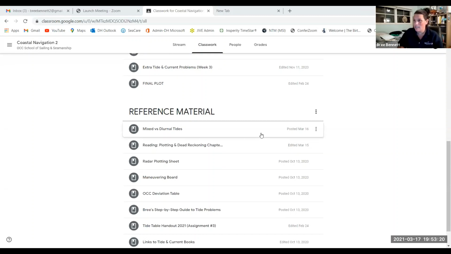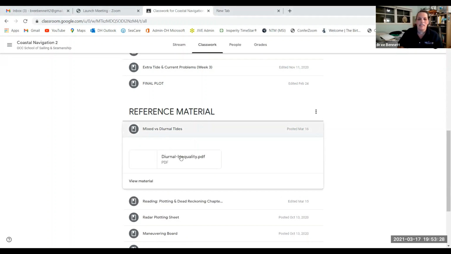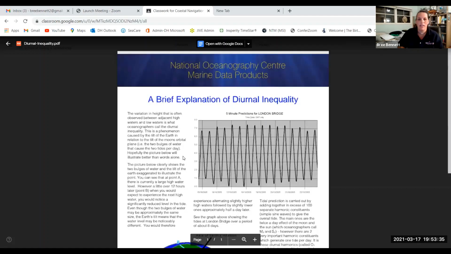Yes, we're here. Cool. I wanted to show you, one of you guys asked last week about why there are mixed tides versus semi-diurnal. I was trying to do some research on it, and I found a lot of solar versus lunar tides, so tides driven by the sun or tides driven by the moon.